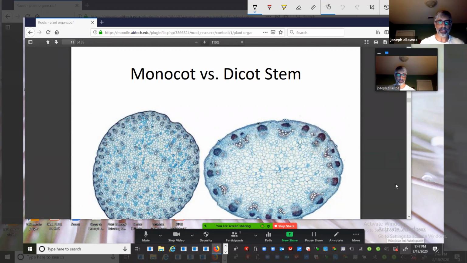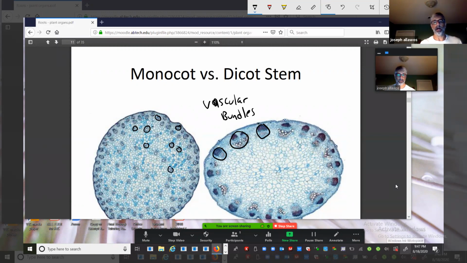What you're looking at here, I'm going to circle some. These structures are called vascular bundles. And you can see them in the monocot as well. They're smaller in the monocot. And now I'm going to tell you a fourth way to tell a monocot and a dicot apart.